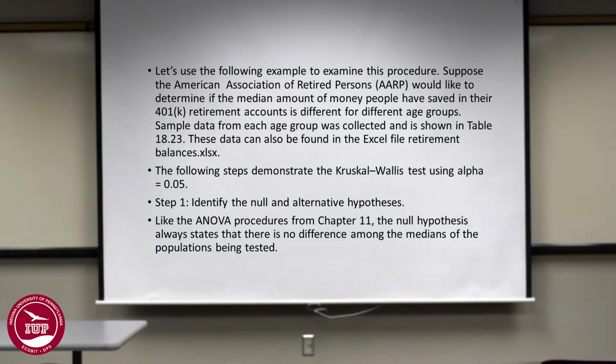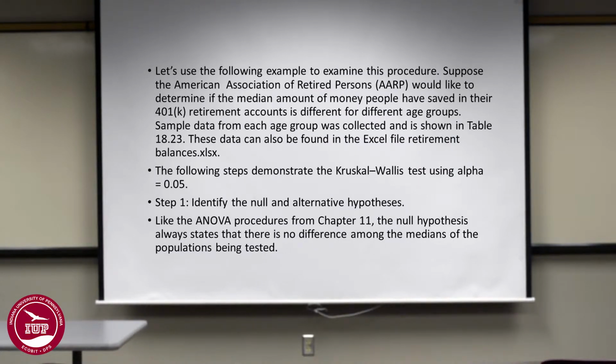Sample data from each age group is shown in Table 18.23. This data can also be found in the Excel file retirement balances.xlsx. The following steps demonstrate the Kruskal-Wallis test using alpha equal to 0.05.